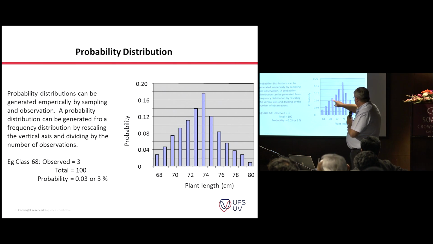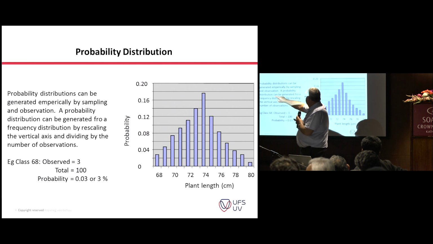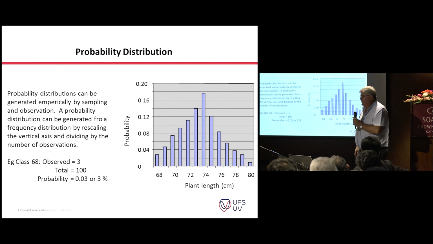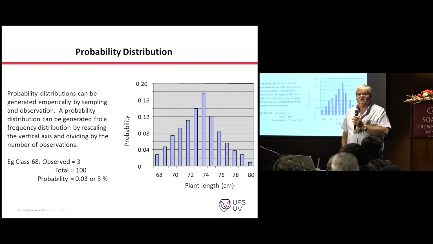Well, if you look at this distribution here, I have 100 plants, 3 of them fell into the 68 class. Okay, so I can go along and say that the probability of a plant of 68 centimeters is 3%.